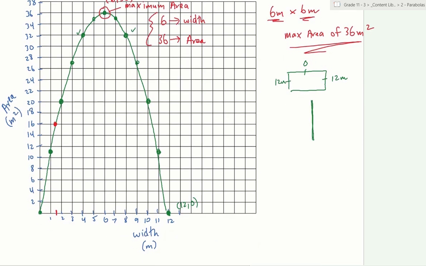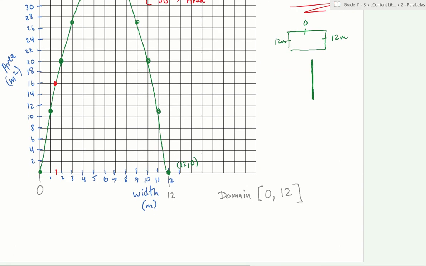The one thing I notice here is that it's good to recognize a reasonable domain for this. The lowest width you would ever want to do would be 0, and the highest width you would ever be able to do is 12. So the domain for this parabola would be 0 to 12, written in interval notation. Why am I bringing that up?